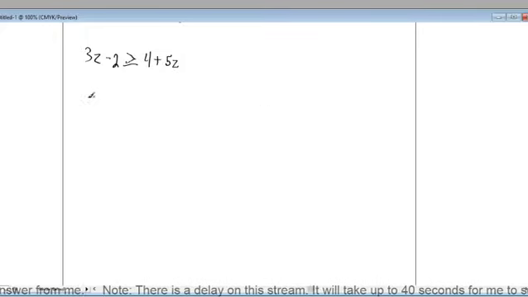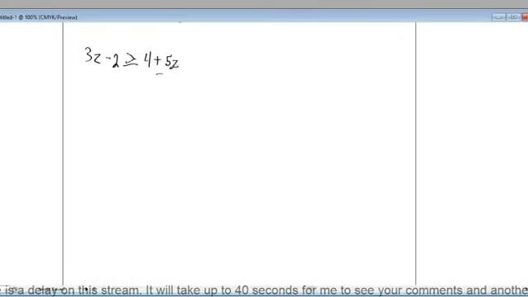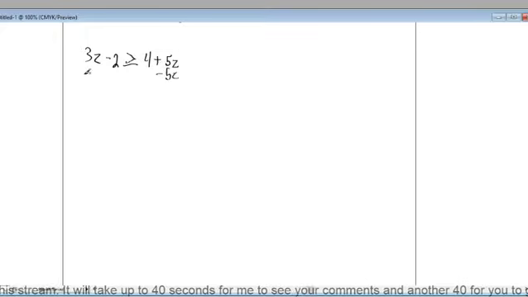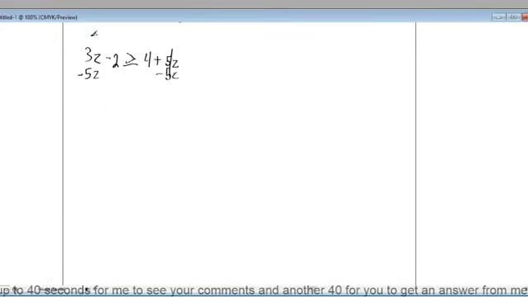So I want to get z by itself. I'm going to go ahead and take 5z and bring it over here. So cancel it out on this side. Subtract 5z. And do the same thing to this side. So subtract 5z. Cancels. Over here, we're going to get negative 2z.